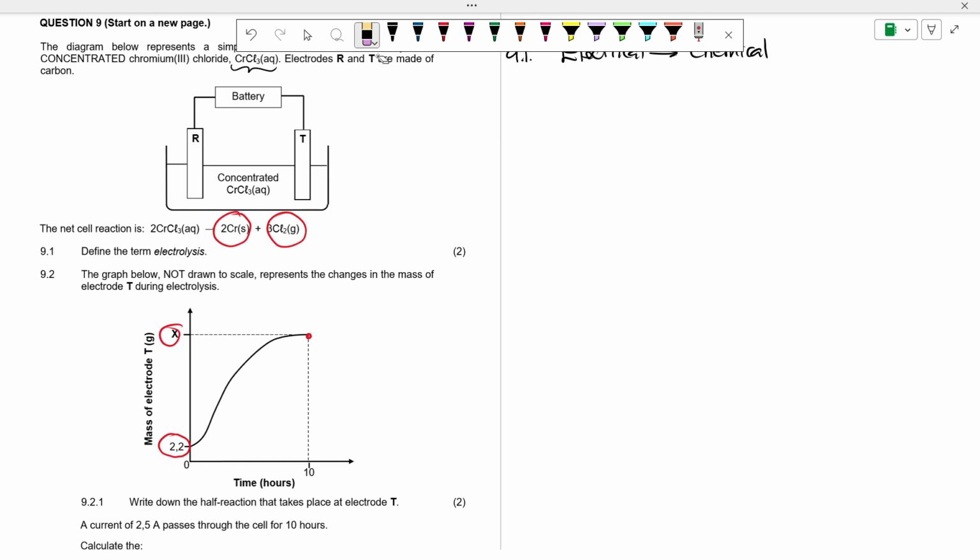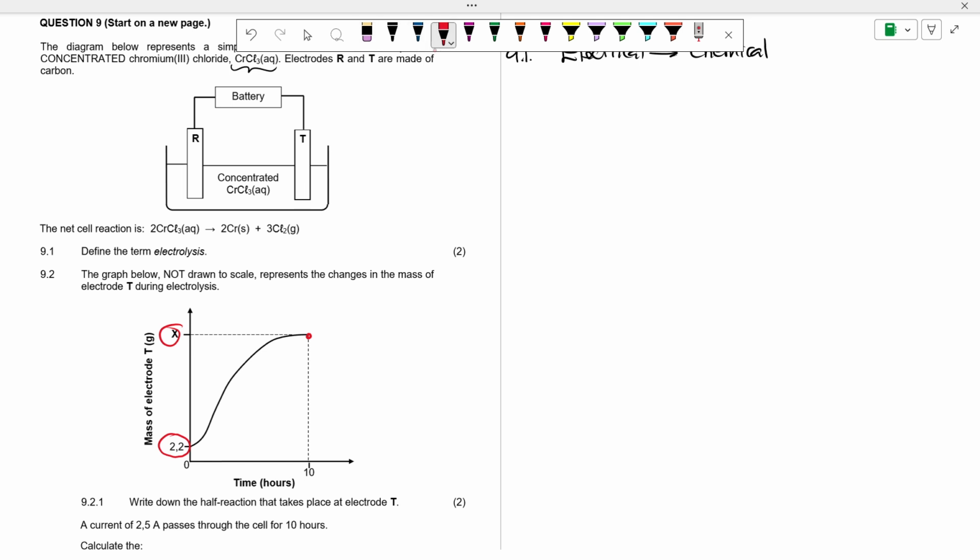Anyone who can help each other, because now we're just studying together. So solid. Gas is just going to go away. It's not going to stick. The solid is the one that's going to stick and make the mass go up. That was a simple question, and if you found it hard, it means there's a little bit of a problem.